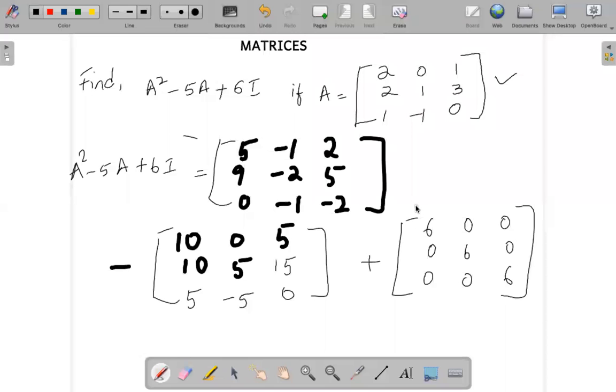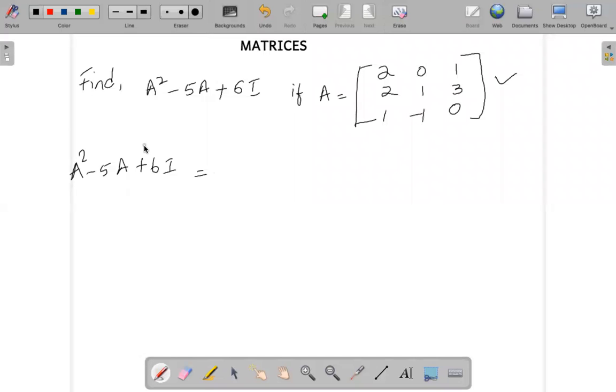After simplifying, we get the final matrix, which is: first 1, then minus 1, then minus 3, and minus 1, minus 1, and minus 10, and then minus 5, 4, and 4.